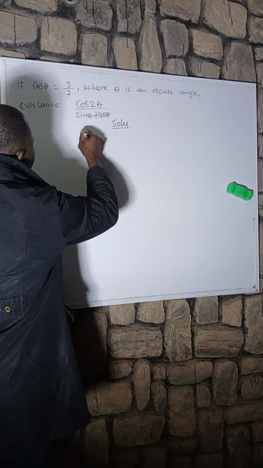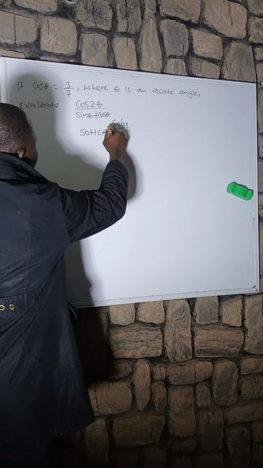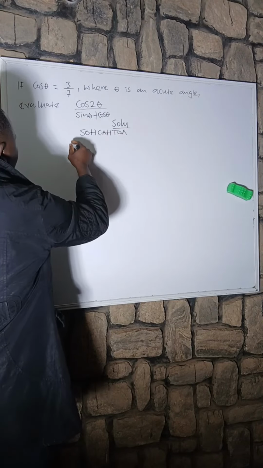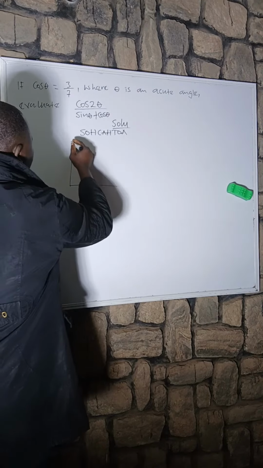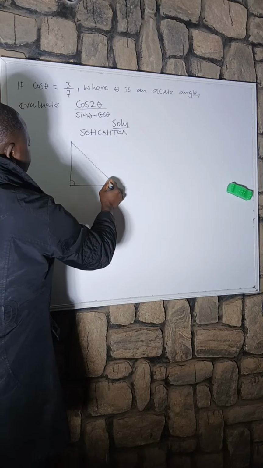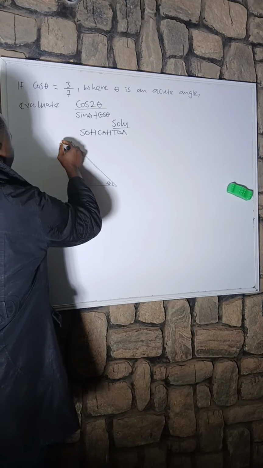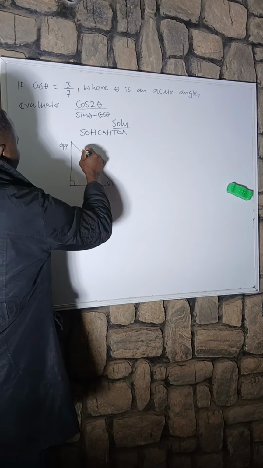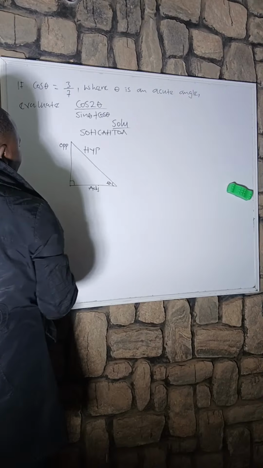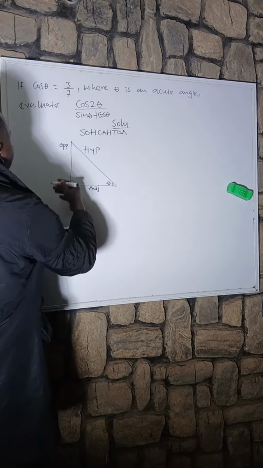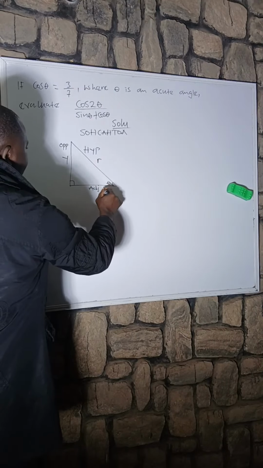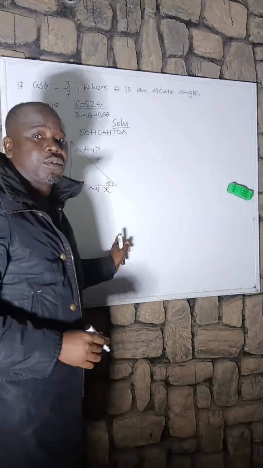Let us have a right angle triangle, where this is angle theta. Here is opposite, hypotenuse, and adjacent. So we name them y, r, and x. True or false? It's true, right?